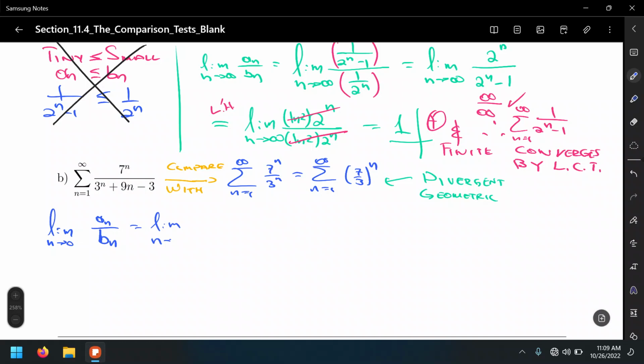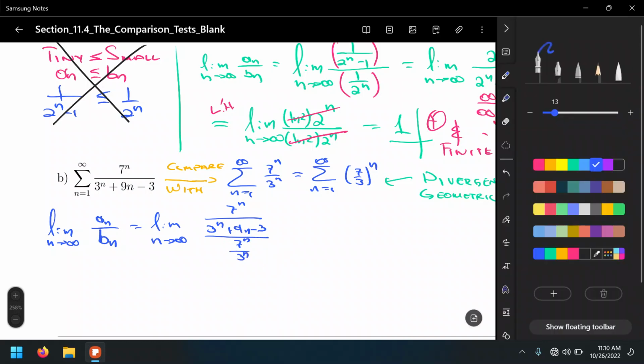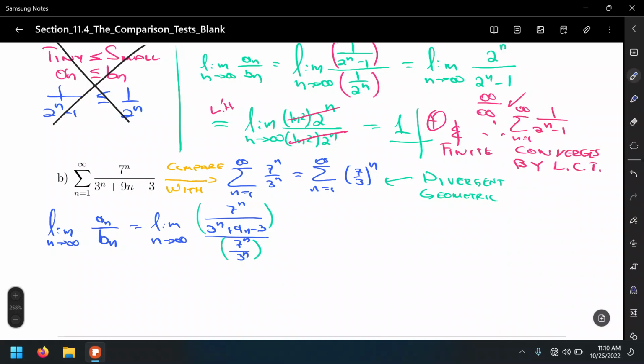Limit as n approaches infinity, and that's 7 to the n over 3 to the n plus 9n minus 3, over 7 to the n over 3 to the n. And just make sure to delimit the quotients accordingly. That's so you can see how the division of these two expressions is going to be.